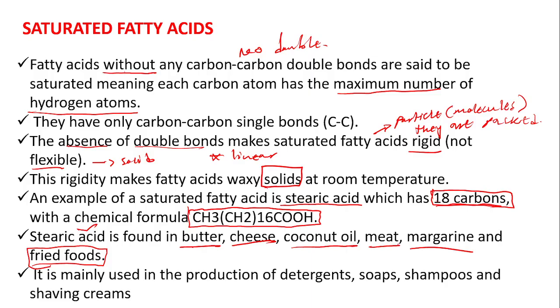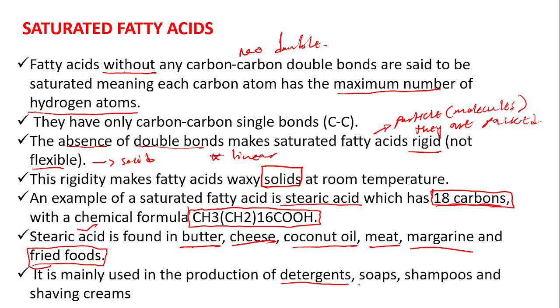Stearic acid in this case is just playing a role as an example of a saturated fat acid. It is mainly used in the production of detergent. You have the detergent paste, and many detergents which you normally use to wash your dishes and your clothes. Most of those detergents are made from stearic acid.